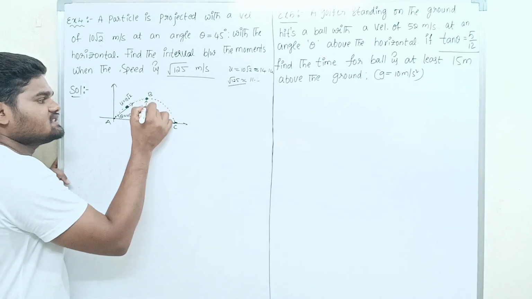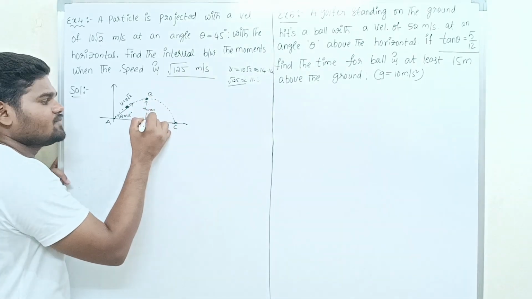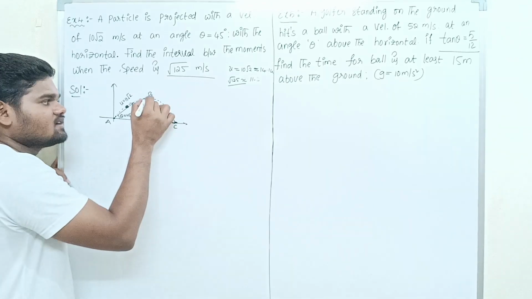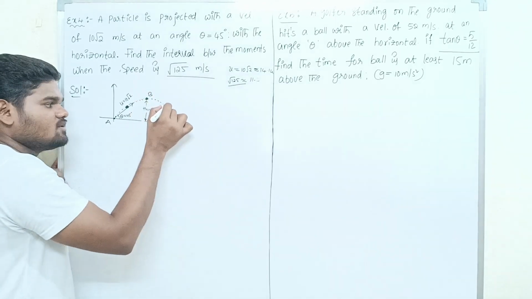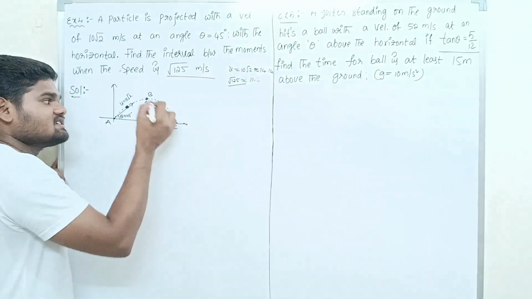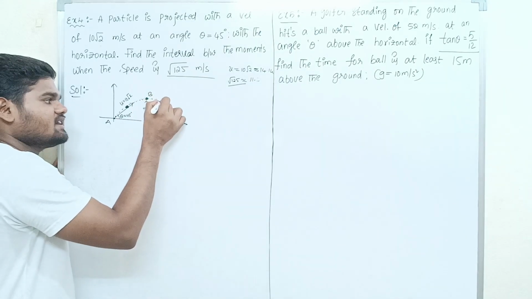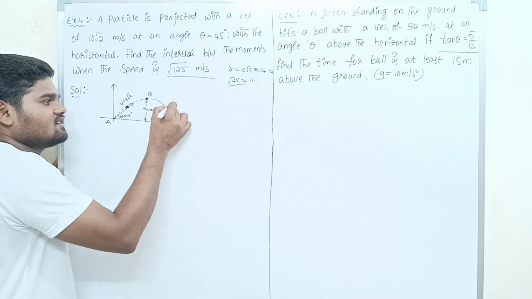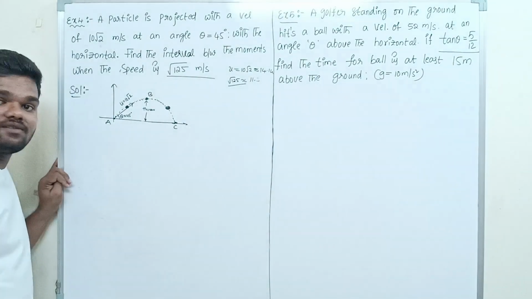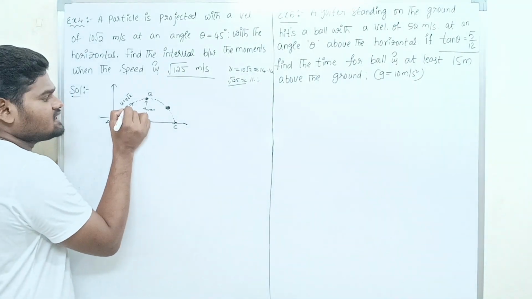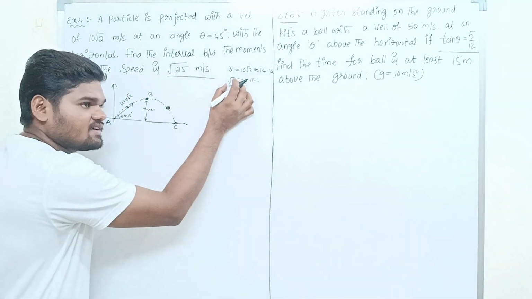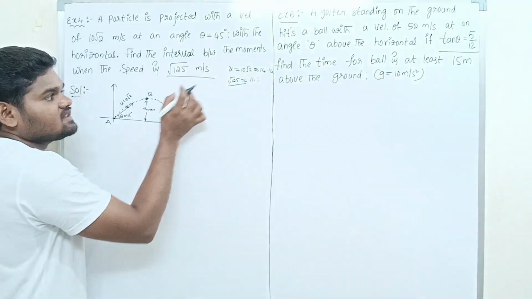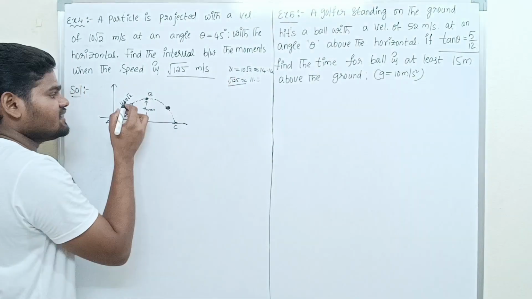At maximum height, its speed becomes 0. Again it moves towards the ground, so from point B to point C its speed increases. 0, 1, 2, 3, up to 11, 12, 13, 14. It hits the ground. At this point also, the speed of the particle is root over 125.